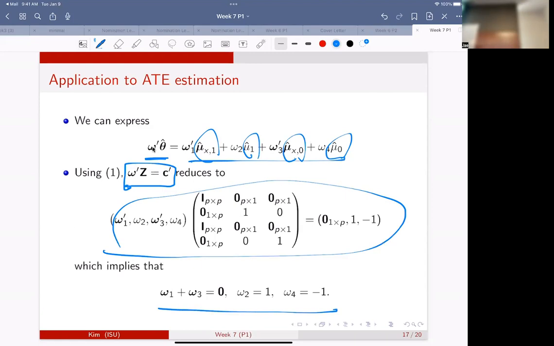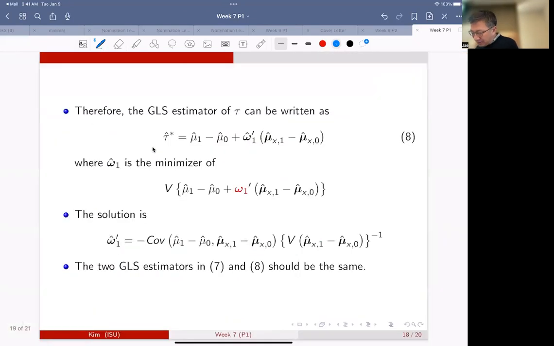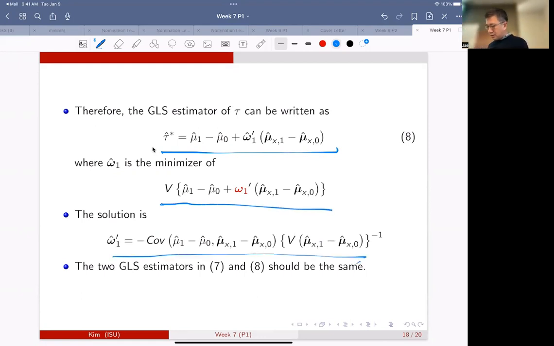So originally this looked very complicated, but using this constraint I can simplify it, so that at the end of the day I only have to optimize over omega 1. I can solve this optimization problem, and then we can check that the two estimators are the same.